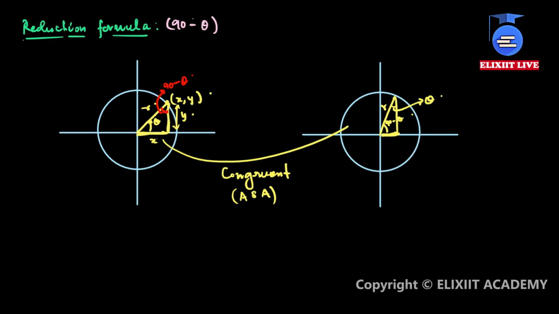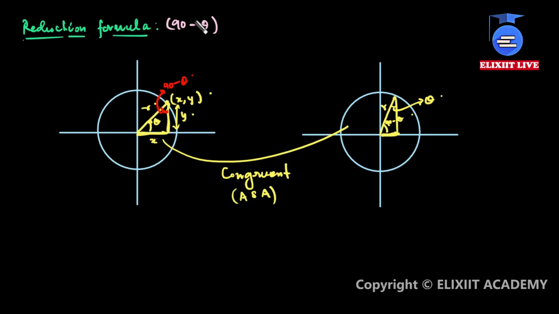If these two are congruent, there is one more thing: equal sides opposite to equal angles are equal. Right? If these two are congruent triangles, then equal sides opposite to equal angles are also equal.